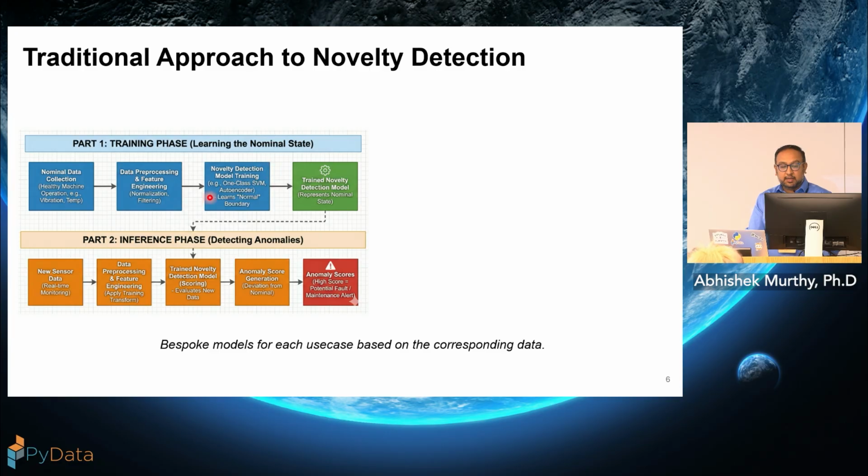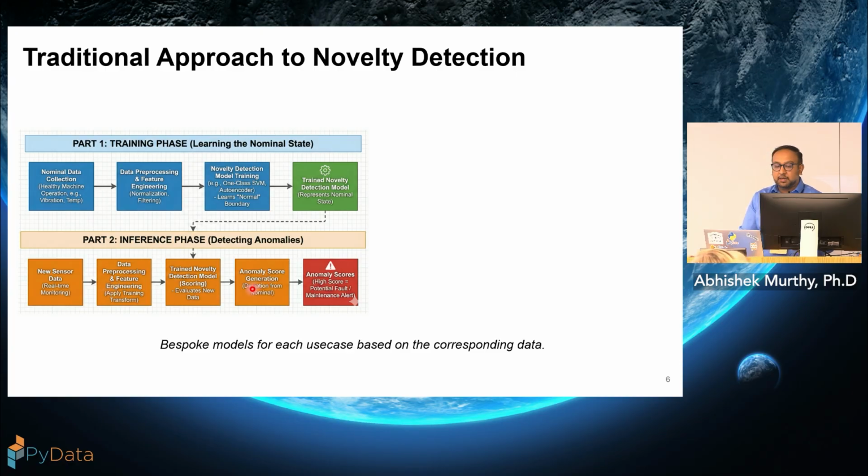The novelty detection model, as I just mentioned, learns what the normal looks like, and it's able to essentially say the new, previously unseen data point that you have given me is either normal or not normal. So it's a one-class classifier. Once trained, we can start inferring on the kind of data that we just trained on. Once we get the features, we feed them to the model, and the model usually tells us this new test point is similar to what I had seen during training, and it quantifies the similarity using an anomaly score.